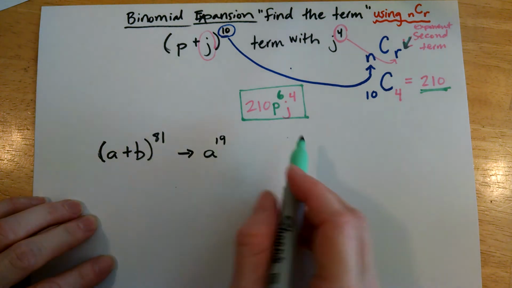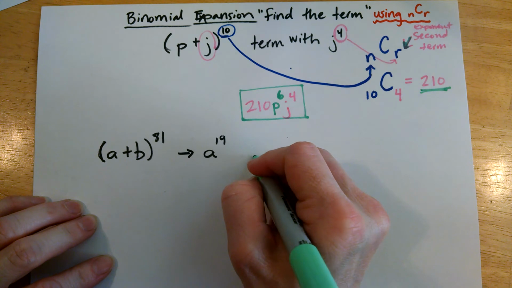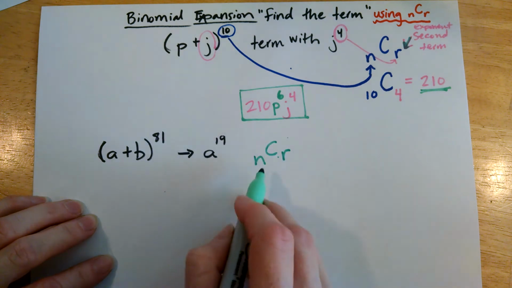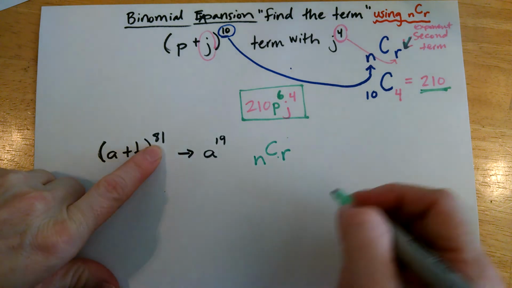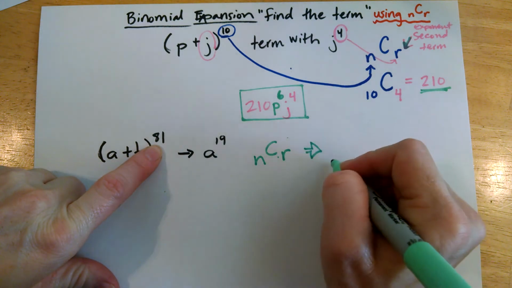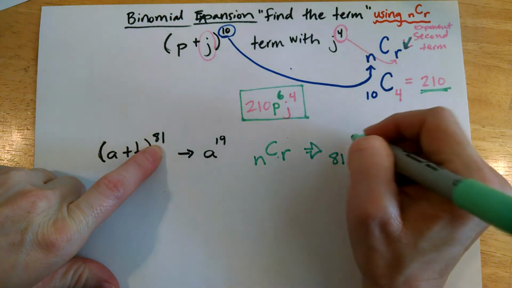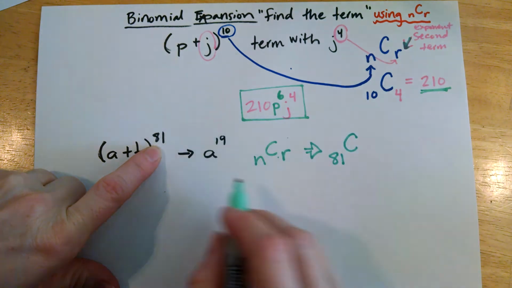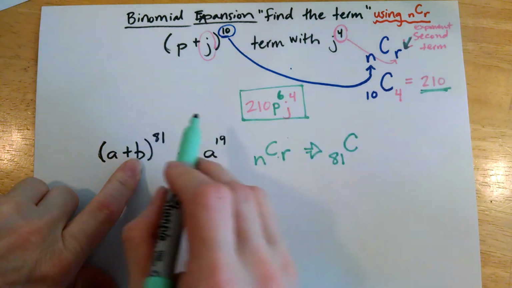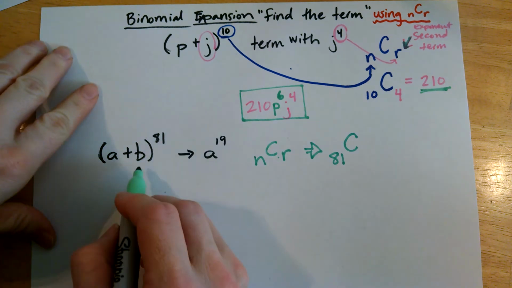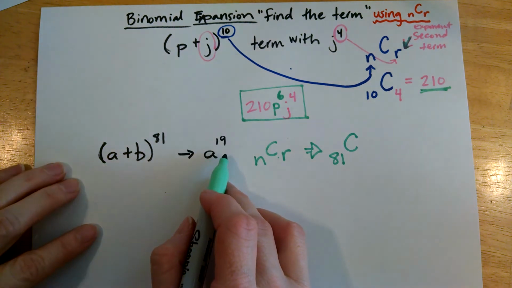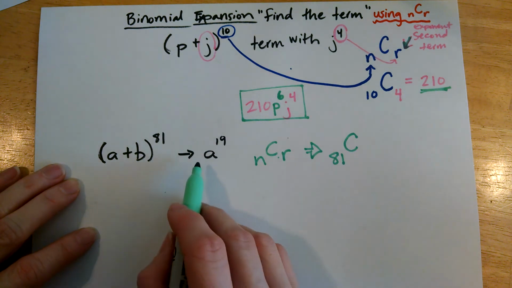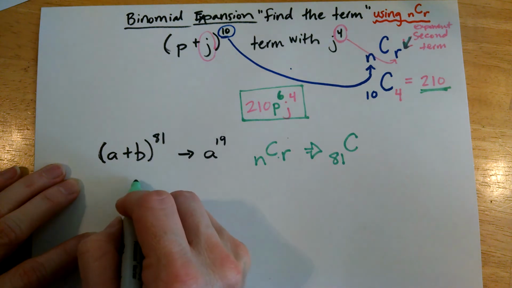The N relates to the overall degree of the binomial, so that's going to be 81C, and remember the R relates to the second term. So it should be b to the something, but we have a right here, so we're going to have to do a little math.